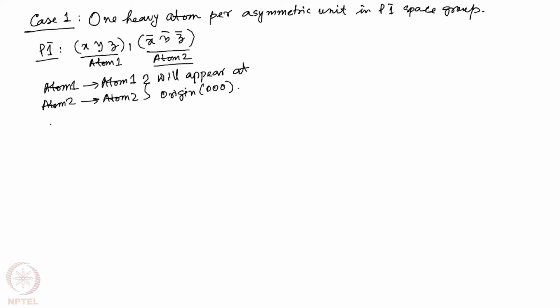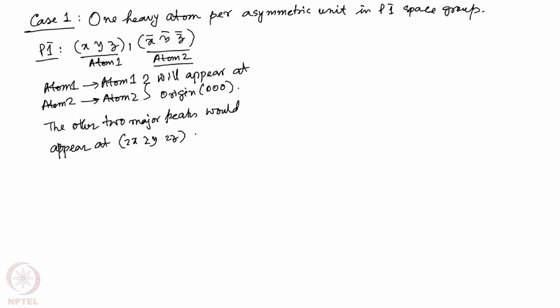The other two major peaks would appear at 2x, 2y, 2z and minus 2x, minus 2y, minus 2z. Remember, u is x1 minus x2.